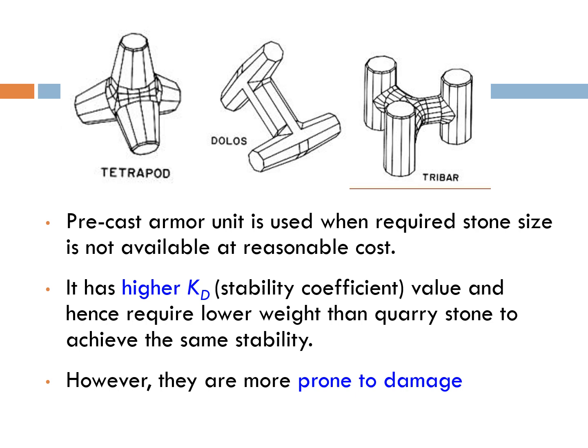These precast armor units typically have a much higher stability coefficient (KD), and hence a smaller size can be used in place of a quarry stone to achieve the same stability. However, precast armor units may also be more prone to damage.